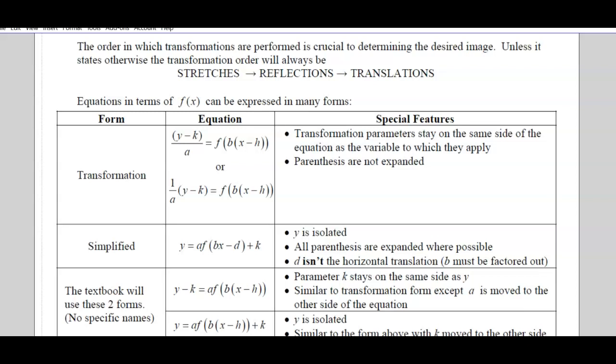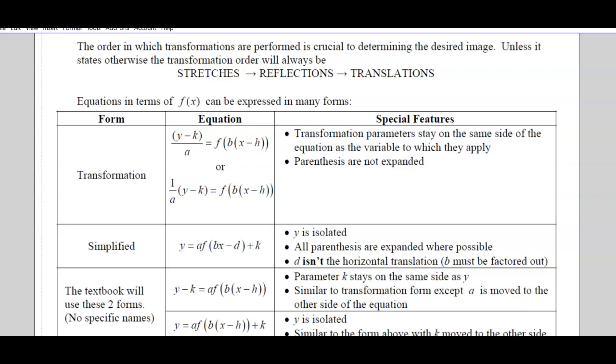So, here are some forms of a transformed function. The transformation form has a whole bunch of brackets, because everything's been factored. The coefficient of y has been factored out, because remember, you do your stretches. So you replace y with 1 over a y, or y over a, if you want to do it like that.